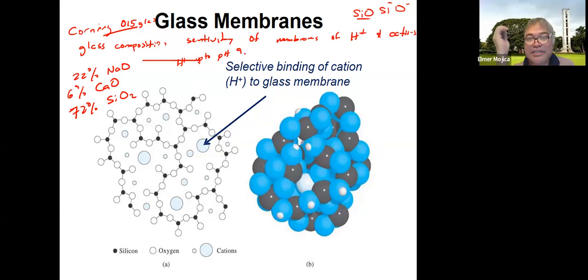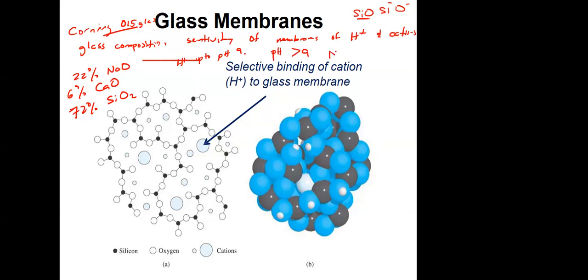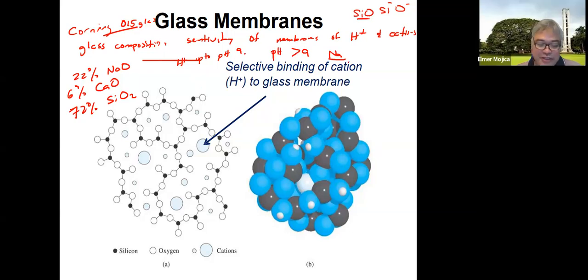What do you think happens at high pH? Where is it responsive? At high pH. Sodium, sir. Okay, the preference now would be towards the sodium, as well as other singly charged cations.